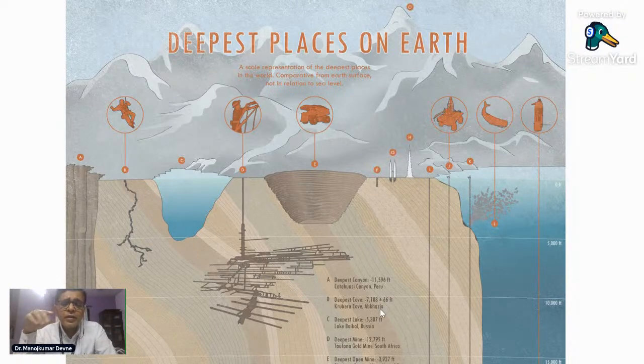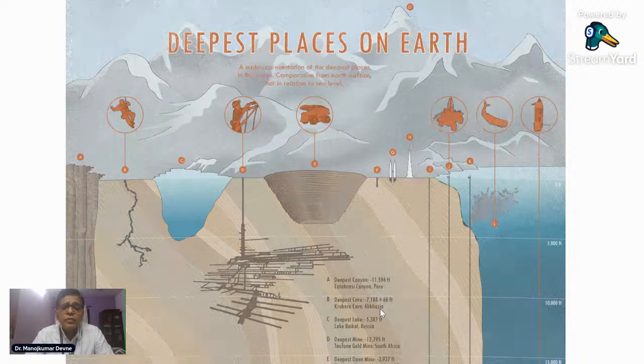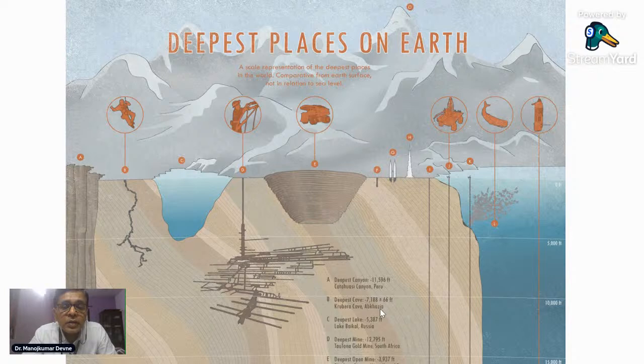Now, as far as these feet are concerned, most of us are more familiar with measuring units in meters. So to convert it, you divide this number by 3. For example, 7,000 feet, for this deepest cave, the Krubera cave in Abkhazia, divided by three should be somewhere around 2,000 meters.